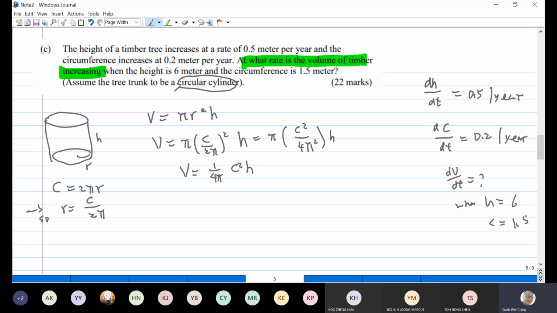So how to find the rate of change? Use dV/dt equals dV/dc times dc/dt plus dV/dh times dh/dt. This is the chain rule again.